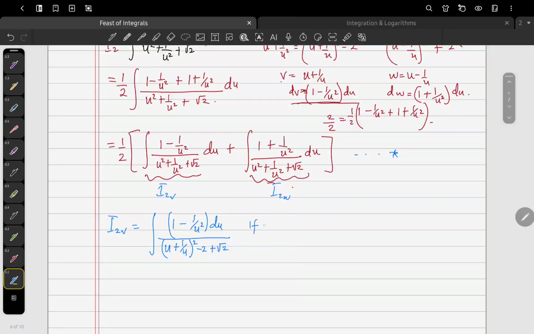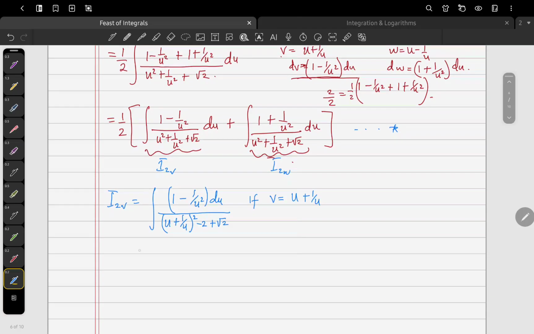And if v is equal to u plus 1 over u, we have already seen what dv is. So maybe I should write it: dv is equal to 1 minus 1 over u squared du.